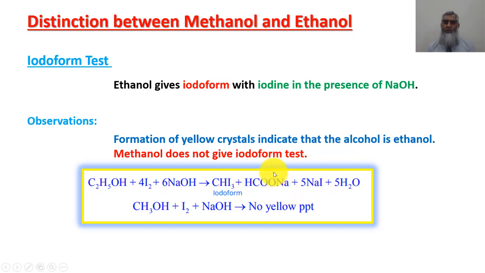These two salts will dissolve in the aqueous layer, and the yellow crystals of iodoform will separate out. Methanol does not react with iodine in presence of sodium hydroxide, so no yellow precipitate will be formed. So if we want to distinguish between methanol and ethanol, we can use the iodoform test.